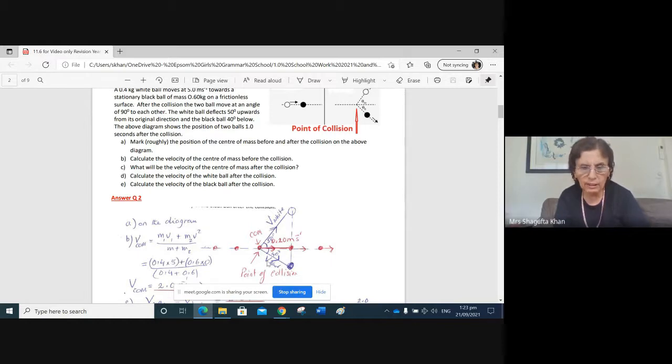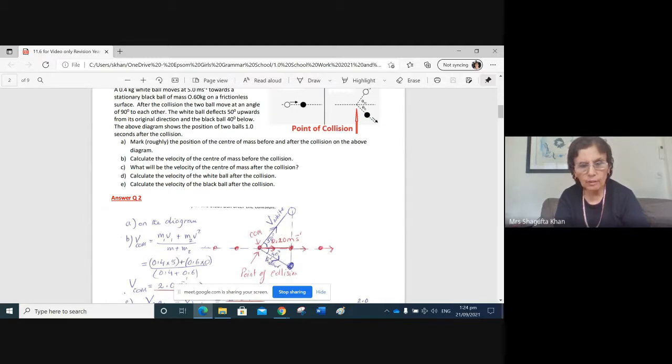If we look at this diagram, this is the time or position where the collision happens. After the collision, the center of mass must keep moving with the same constant velocity. It has moved this much distance in 1 second, and that's the velocity of the center of mass. Because the black ball was a little bit bigger, its velocity is a little bit less compared to the velocity of the white ball.